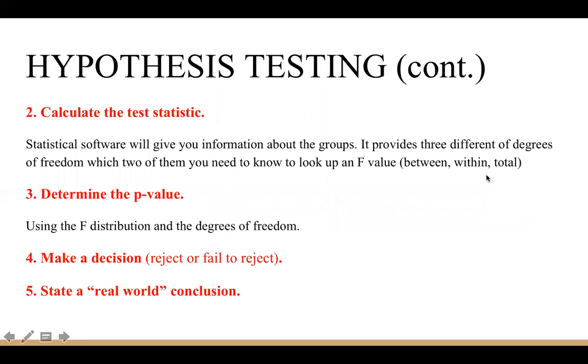You've seen all that information given through Minitab, which gives you the degrees of freedom and your F statistic that you can look up on the F distribution. Then you'll be given your p-value, and you can decide to reject or fail to reject the null hypothesis, and then state a real-world conclusion.